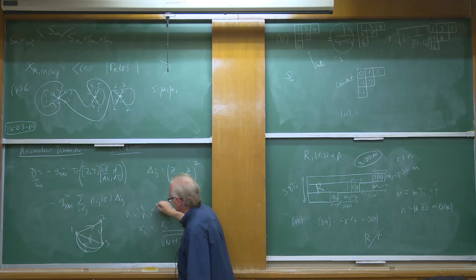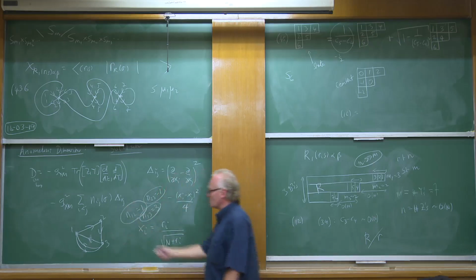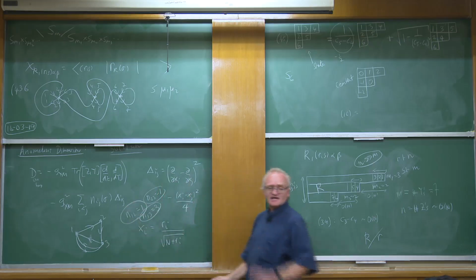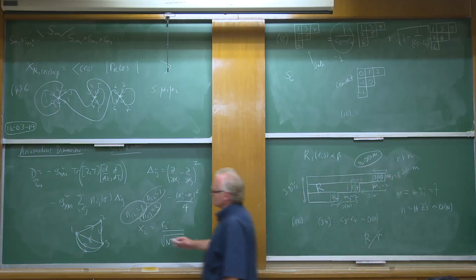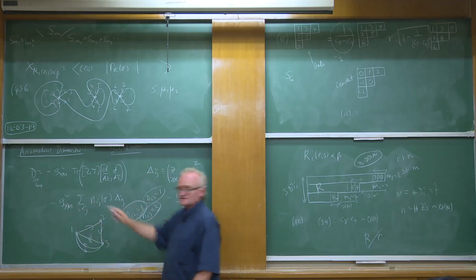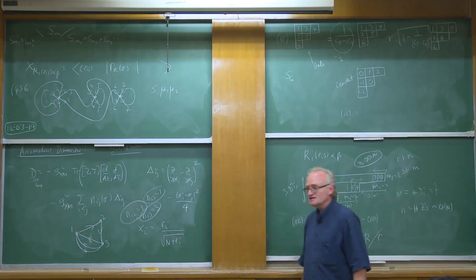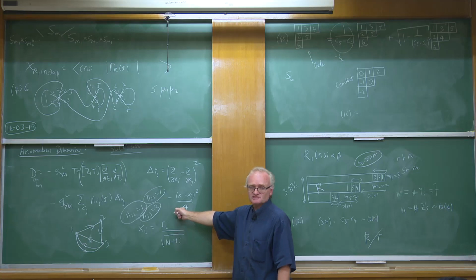N_13 would be 3, and N_23 would be 1. So graphs label the eigenstates of the dilatation operator. The number of edges between the nodes of the graph appear in the form of the dilatation operator. And at the end of the day, you are diagonalizing a set of oscillators to get the anomalous dimensions.